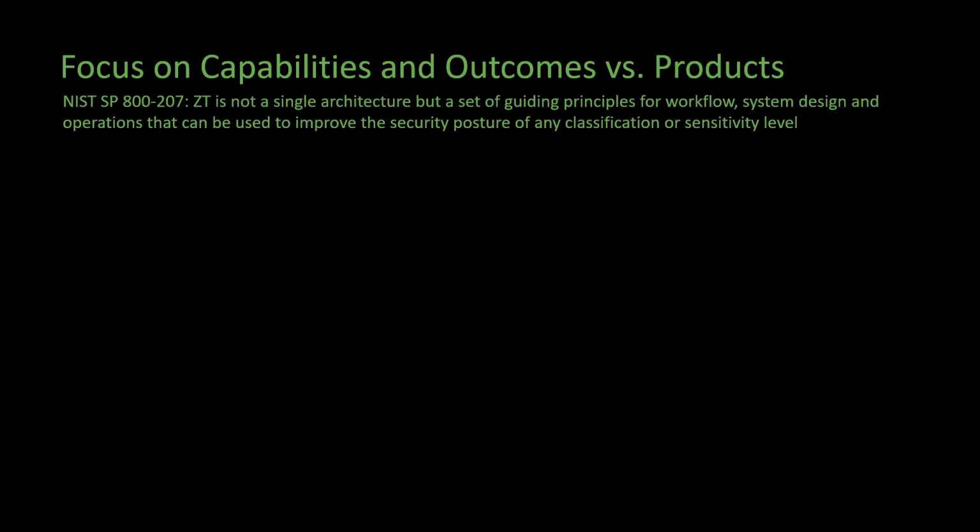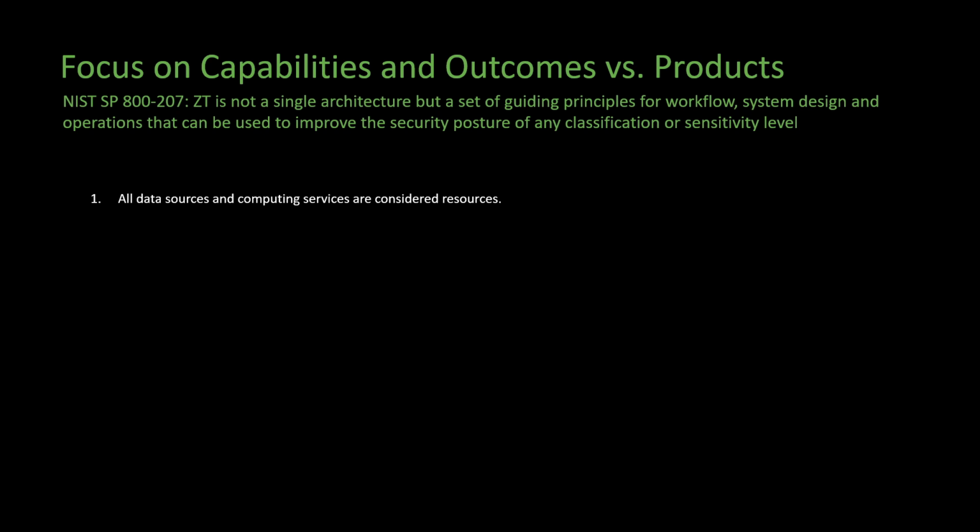But let's really zoom in a little bit more, and we'll look at NIST 800-207. Zero trust is not a single architecture nor a product, but a set of guiding principles for workflow, system design, and operations that can be used to improve security posture of any classification or sensitivity level.